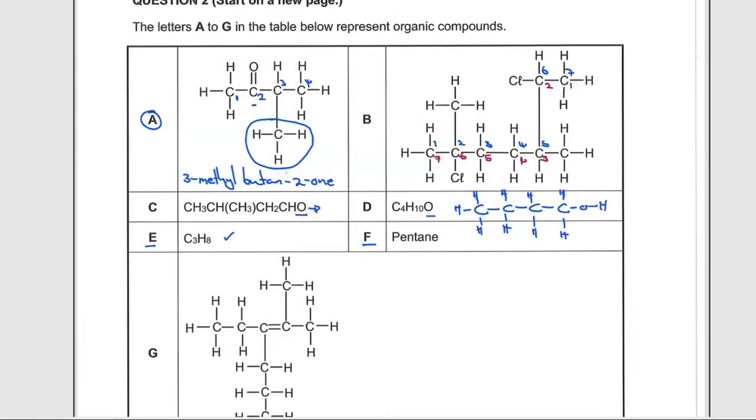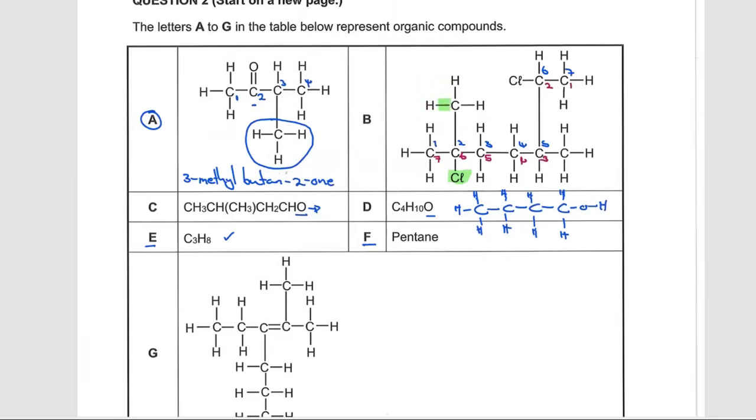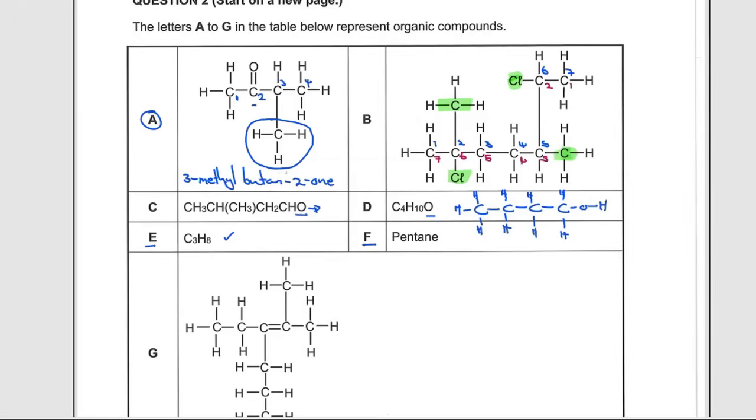After that, we need to understand where we find our side chains. You can see here we have a chloro, and here also is another side chain, another chloro. Then where else are we going to have another chloro? On this other carbon there. So these are the carbons where we have our chloros, our side chains.